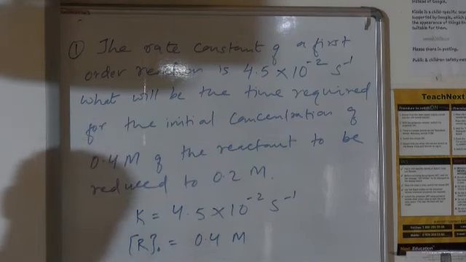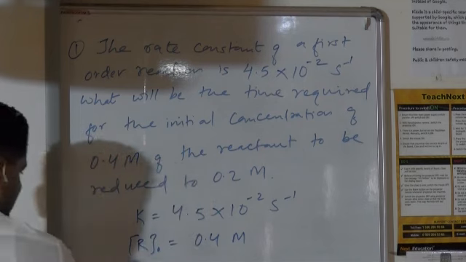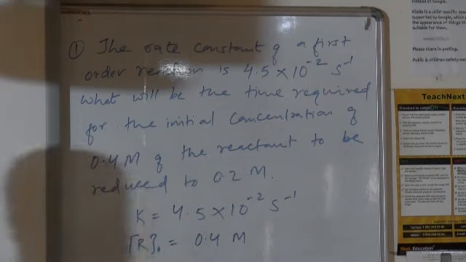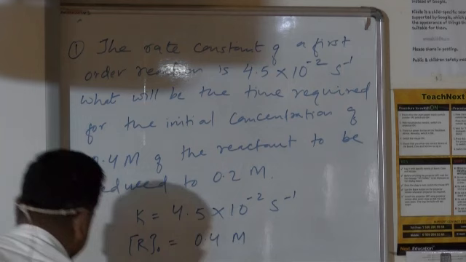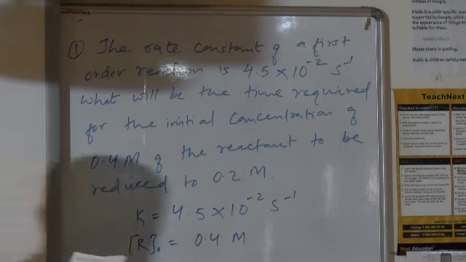Next, the reduced concentration of the reactant is equal to 0.2 molar. So now simply you have to find T.